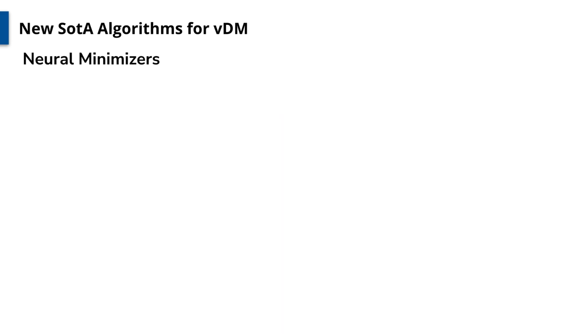However, we can actually improve significantly over these baselines in multiple ways. In a first step, we introduce neural minimizers, which use learnable neural network representations to learn generalizations that both achieve high utility and high privacy.